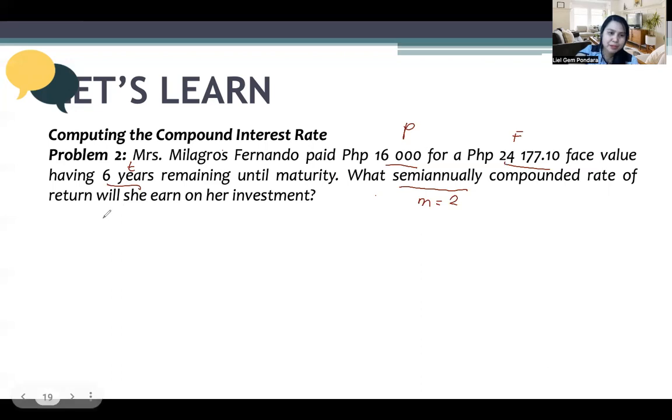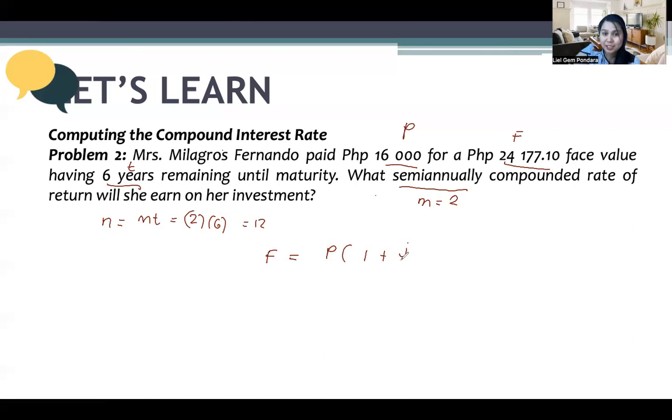Now, can you share with me what's the value of your N? 12. 12, because that is M times T. 2 times 6, that's 12. Now, again, to avoid any other formulas, we write the main formula.